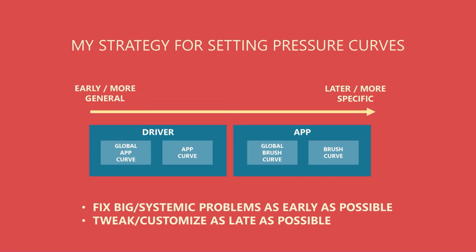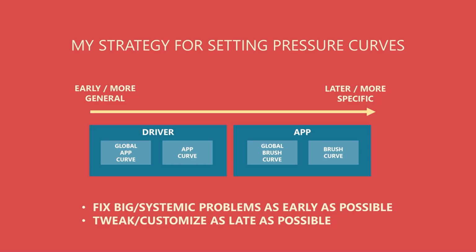This is my strategy. These pressure curves are in a pipeline. Logical pressure data is flowing from the left to the right. As we think about things on the left side, things are happening earlier, closer to the driver, early in the pipeline. And the effects are going to be more general and apply more broadly. As we go to the right, things happen later in the pipeline, closer to the brush, and they have more specific, more localized effects.